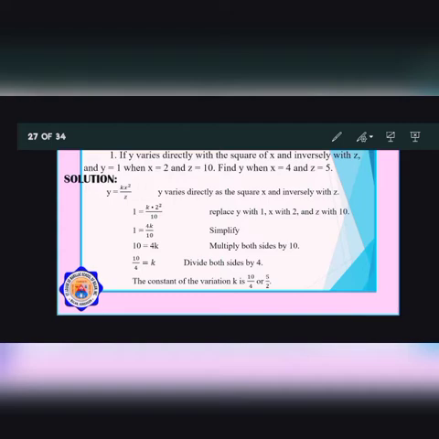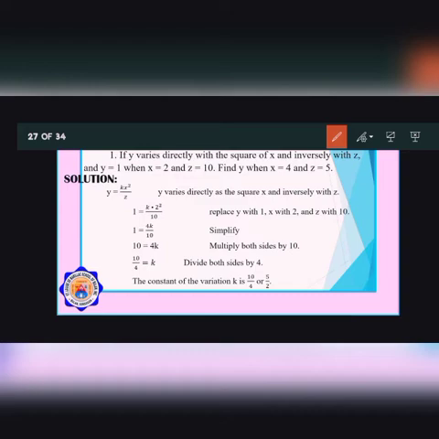The given value for y is equal to 1, the given value for x is equal to 2, then since may squared, ilalagay din natin ng squared, and the given value of z is equal to 10. So, 1, copy the value of y, is equal to 2 squared, or 2 times 2, is equal to 4 times k, that is 4k.